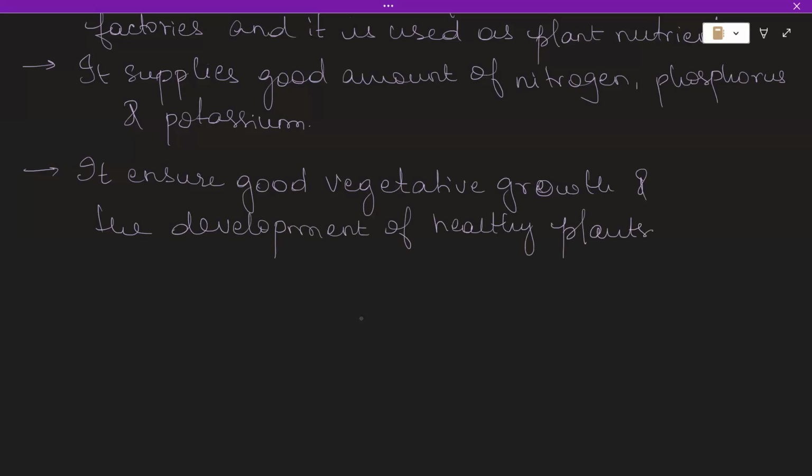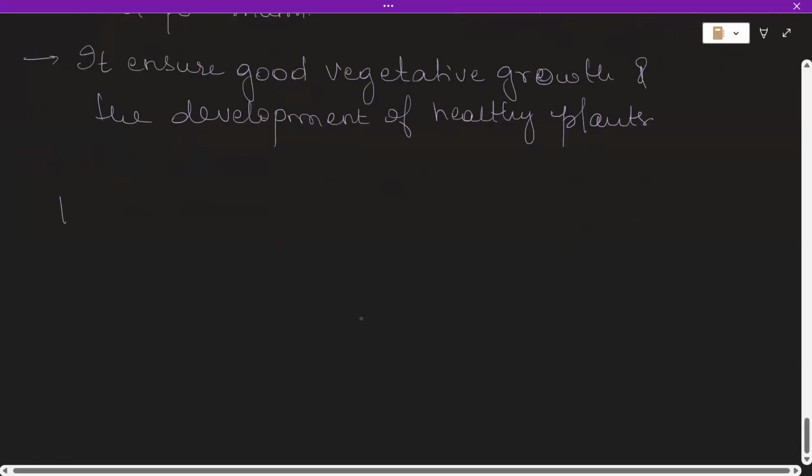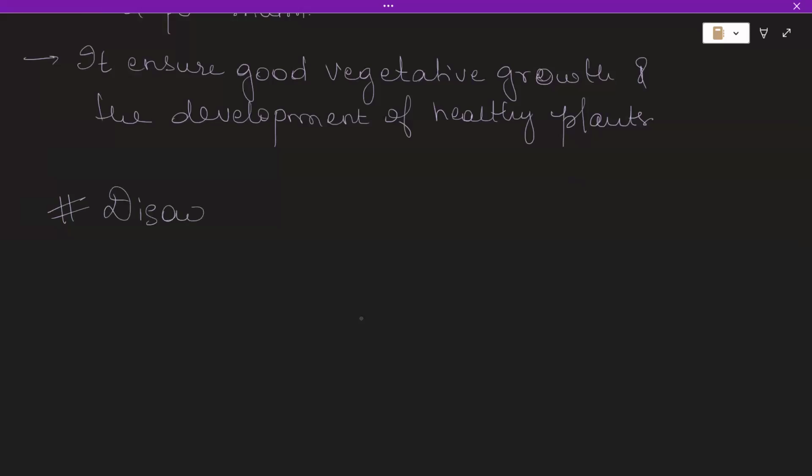Furthermore, apart from doing whatever they do, fertilizers are very harmful if used in excessive amounts. These are chemicals only. Now let us talk about the disadvantages of fertilizers.